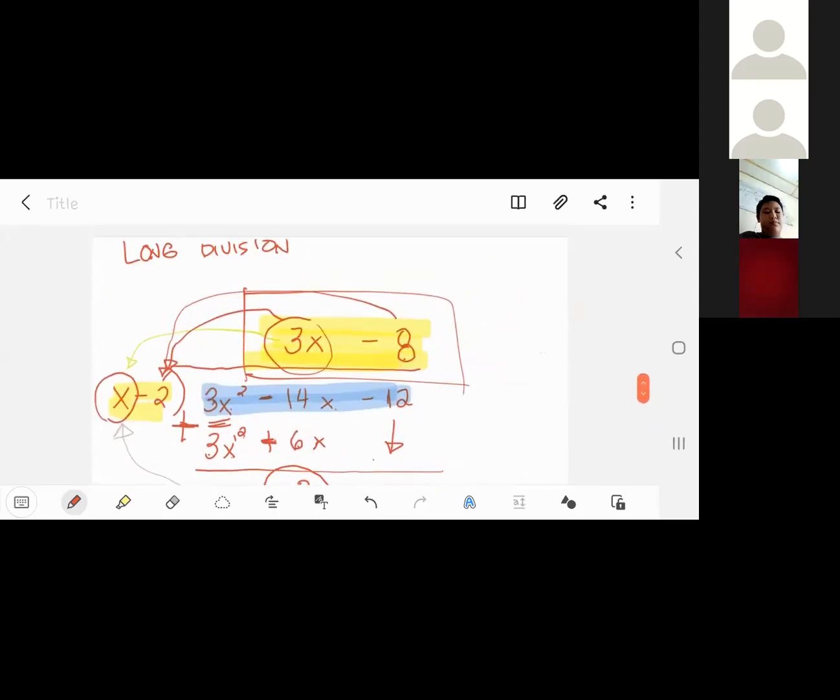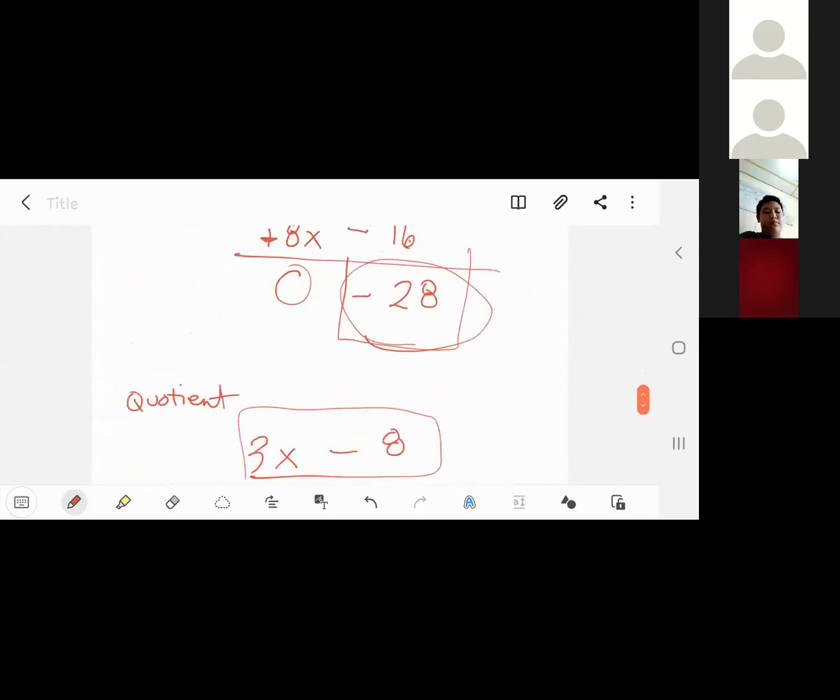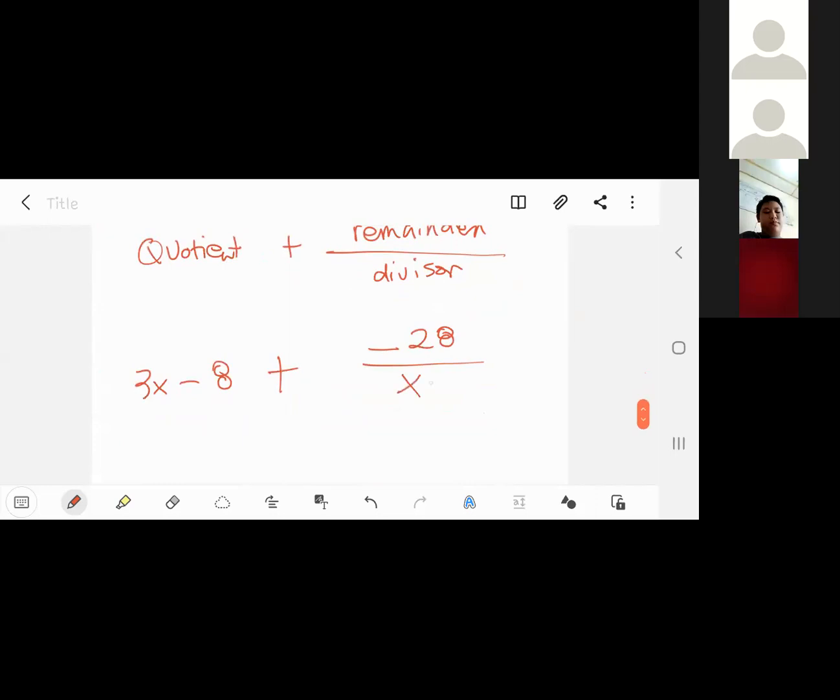Where is your divisor? This is your dividend, so your divisor is x minus 2. Therefore, this is now your final answer: 3x minus 8 plus negative 28 over x minus 2. Did you follow? Yes, ma'am. Okay. So now, you try this for yourself.